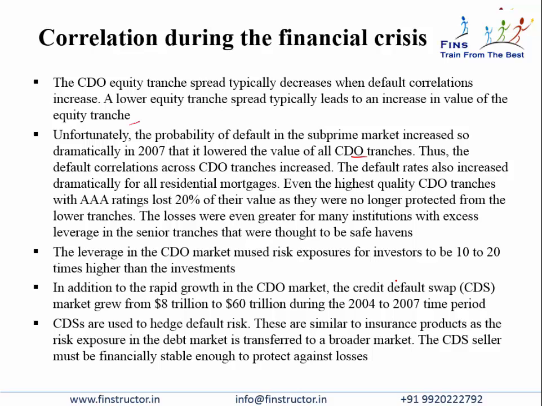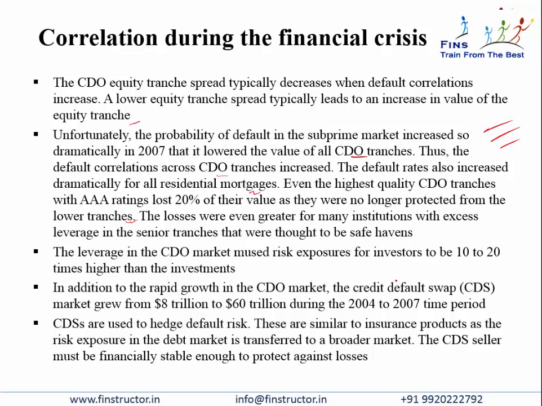The default correlations across CDO tranches also increased dramatically for all residential mortgages. So even the highest quality CDO tranches, even the AAA ratings, lost 20% of their values as they were no longer protected by the lower tranches. The equity tranche was wiped out, the mezzanine tranche was wiped out, and even the AAA rating lost value.